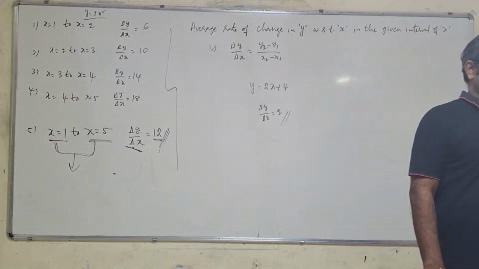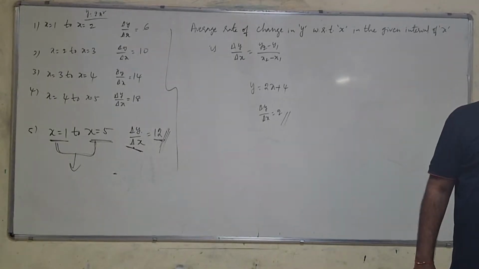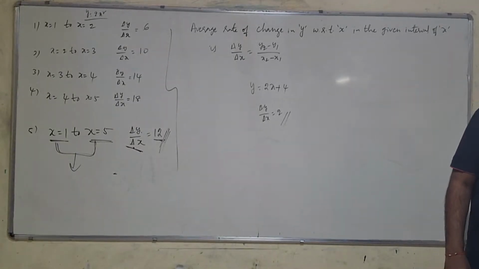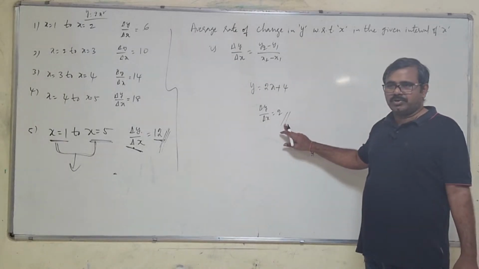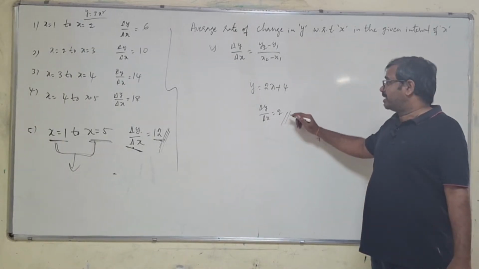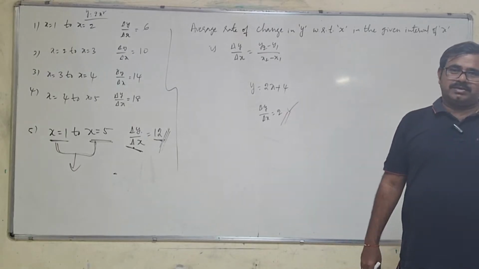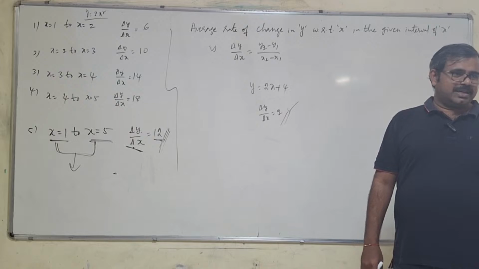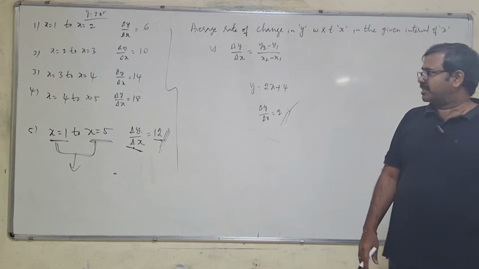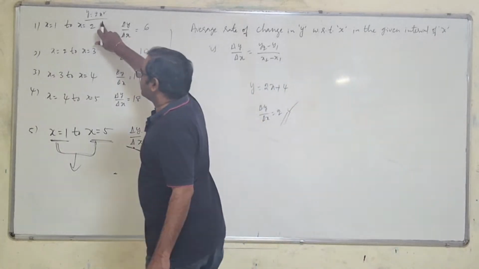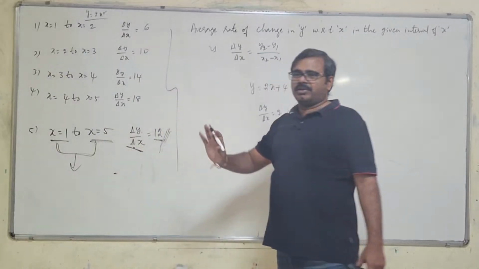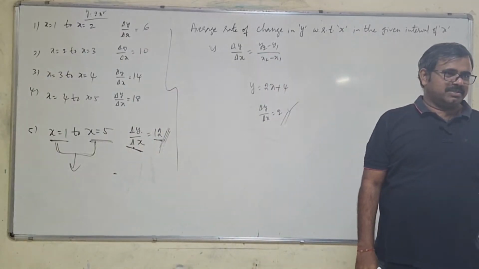Take any interval of your choice, you will get delta y by delta x is equal to 2. So here we say the rate of change in y with respect to x is constant. Whereas in this function, the rate of change in y with respect to x is not constant. It changes. It's different.